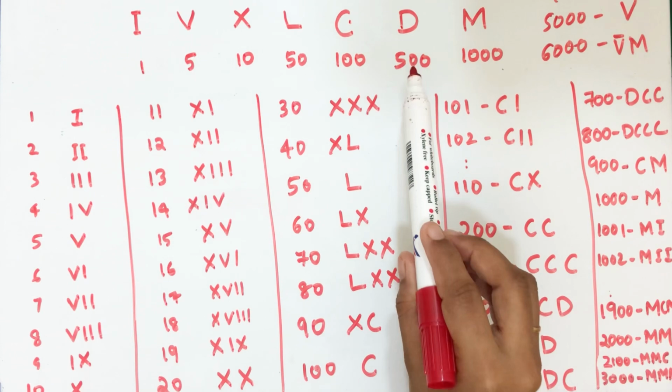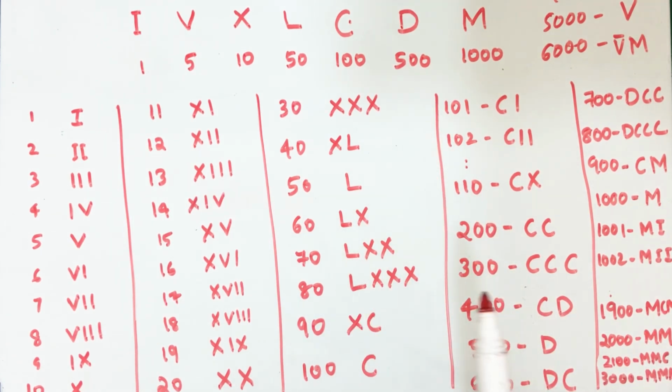Like that they are never written left of a symbol of greater value. See here 5 is written left of, but of a smaller value. It is never written left of a greater value. Like that L and D, 50 and 500 are also never written left of a greater value.